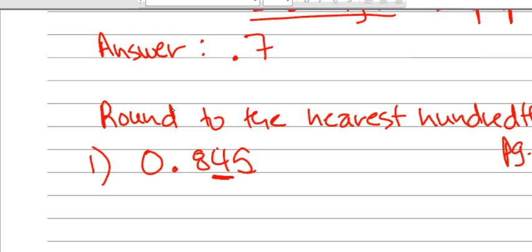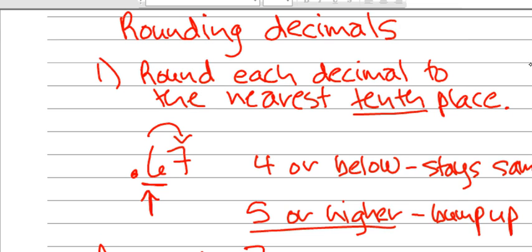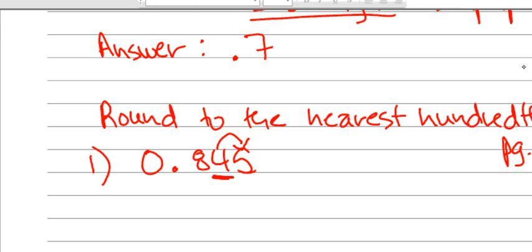So I'm going to look to my right. And remember, 5 or bigger, we bump up that spot by 1. Remember, let's go back: 5 or higher, we bump up 1. So this is 5 or higher.